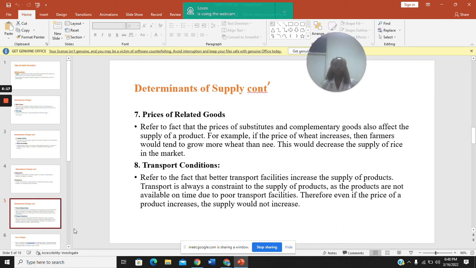Transport conditions refer to the fact that better transport facilities increase the supply of products. Transport is always a constraint to the supply of products as the products are not available on time due to poor transport facilities.